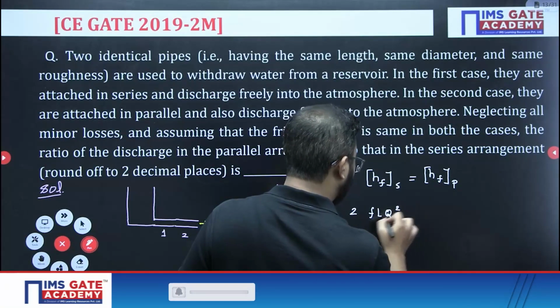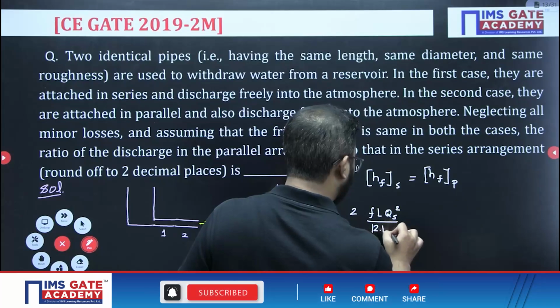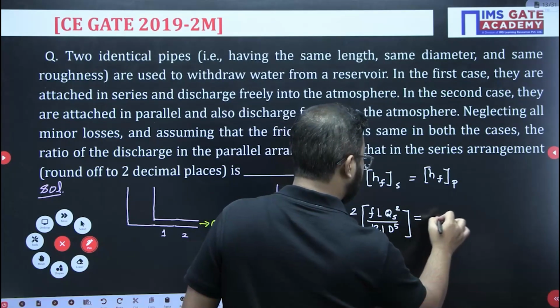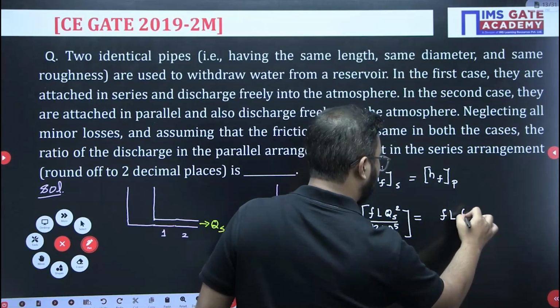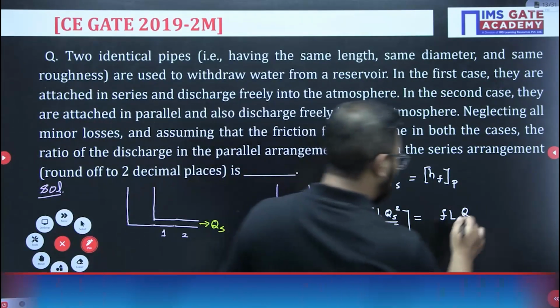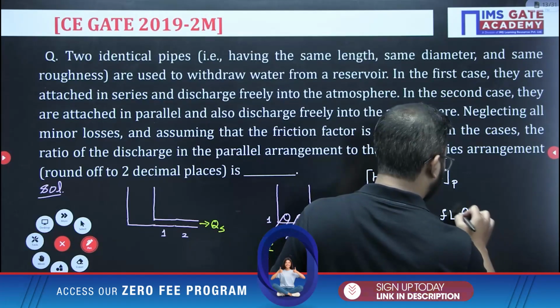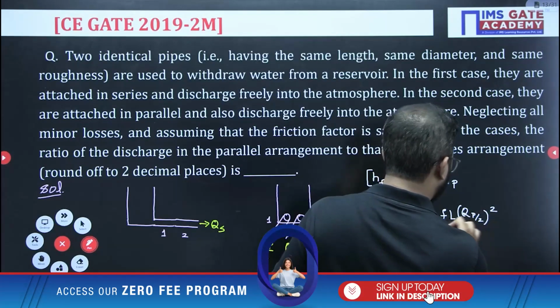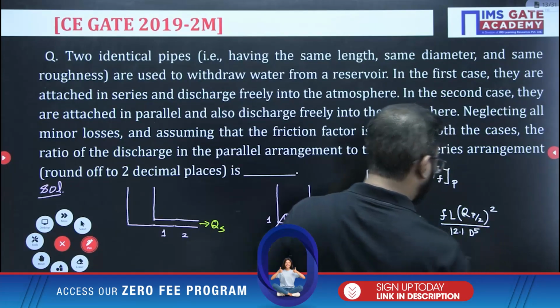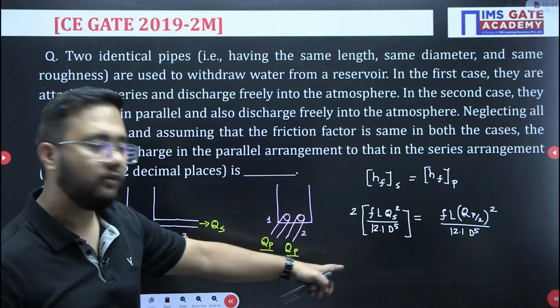f L Qs square divided by 12.1 d to the power 5. This is the direct formula that we should remember. In the parallel case, how will we write f L? For any pipe I can write, because for both pipes the head loss will remain the same. So (Qp by 2) square divided by 12.1 d to the power 5. Now Qp by Qs we have to find out.